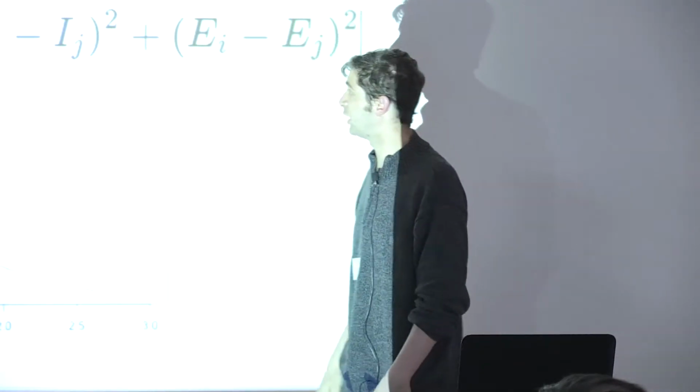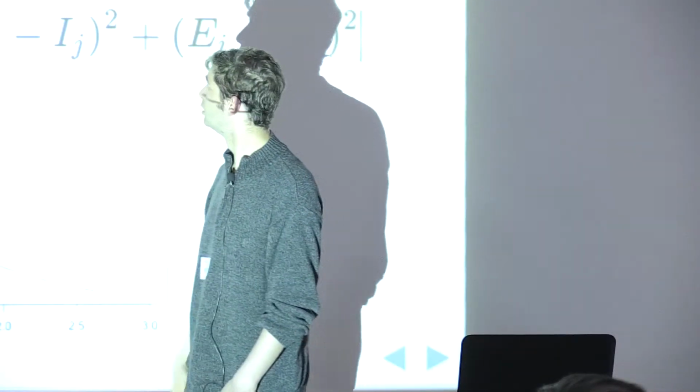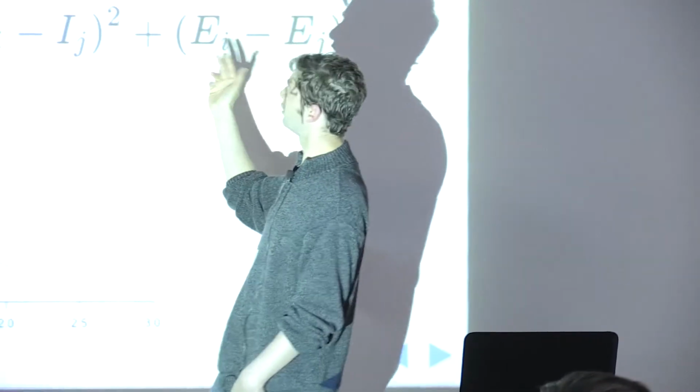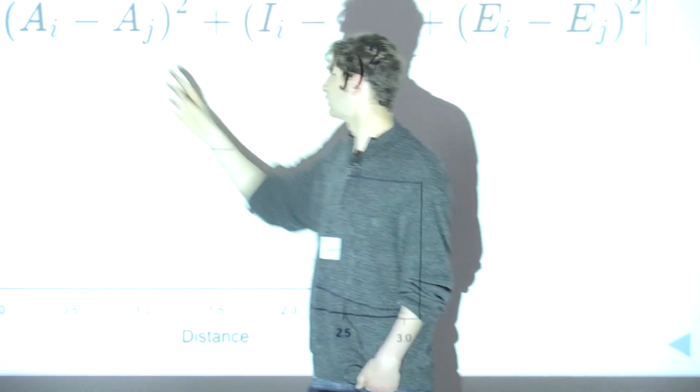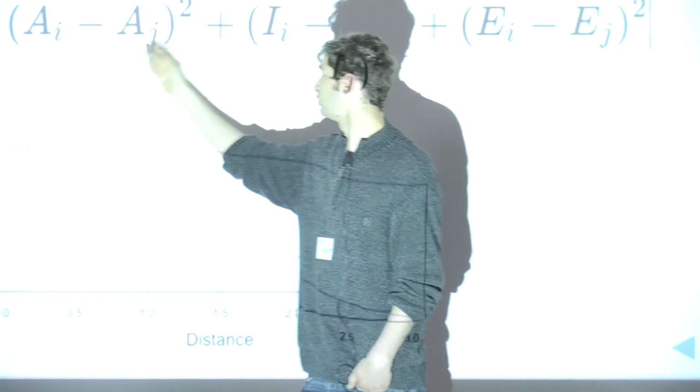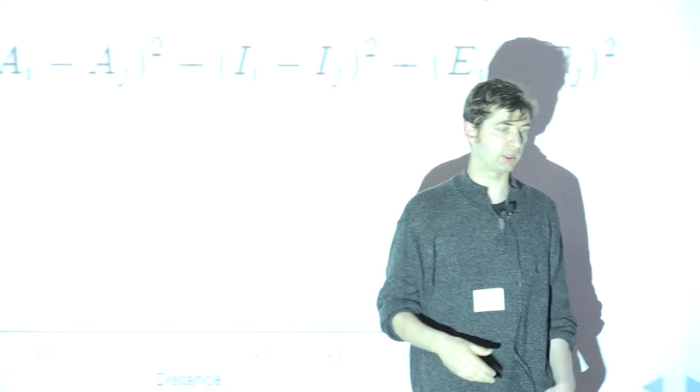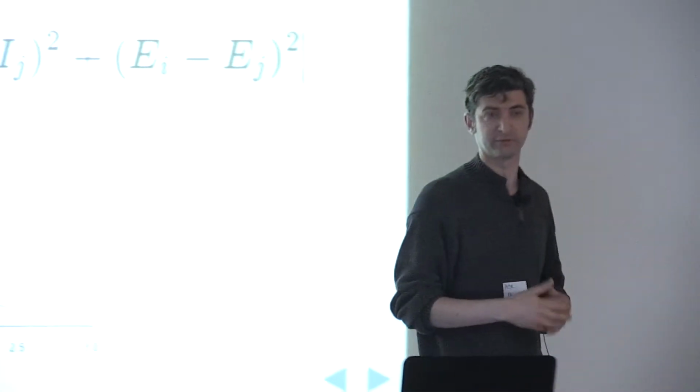So if we have 2 people, i and j, and 3 variables, age, income, and education, we're going to look at the difference, assuming that we have continuous measures of each of these. The difference between each of them, we're going to square it because we don't care about in which way they're different for the purpose of constructing the kernel.